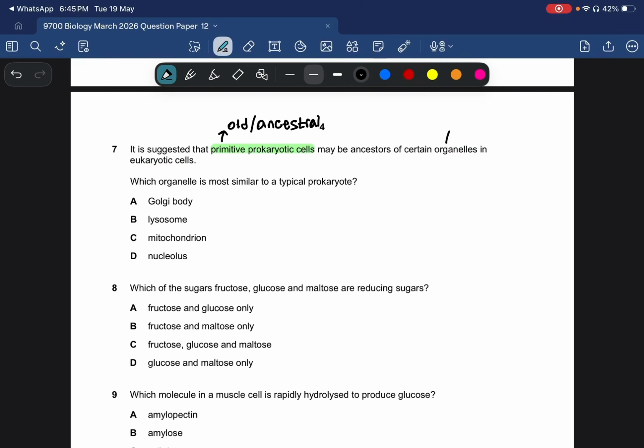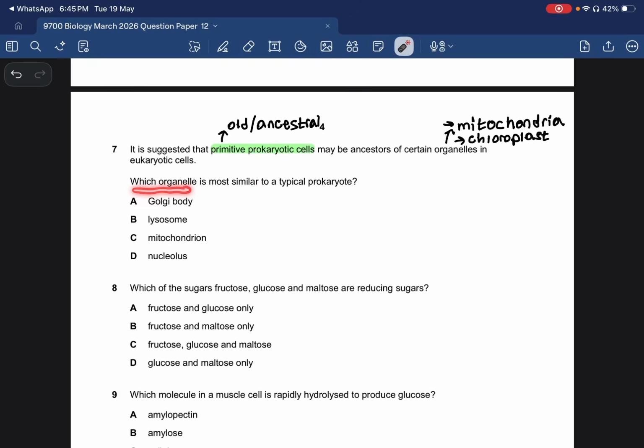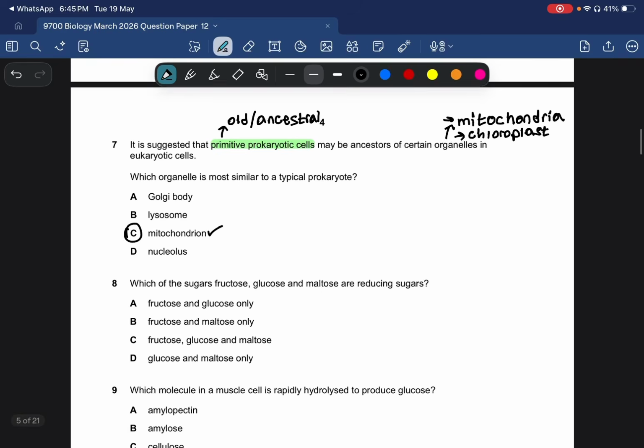Which organelles? Only two are mentioned in the endosymbiont theory. If you have no idea, just look in your book at the endosymbiont theory. That's mitochondria and chloroplast. So, which organelle is most similar to a typical prokaryote? Just look for mitochondria or chloroplast. There we have it. C is our answer.